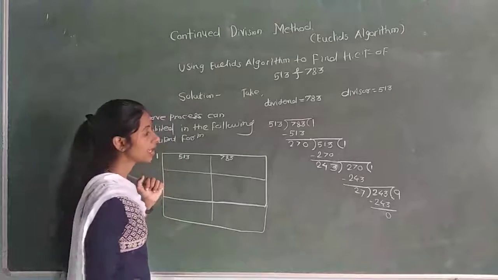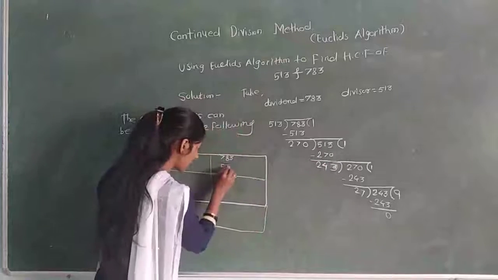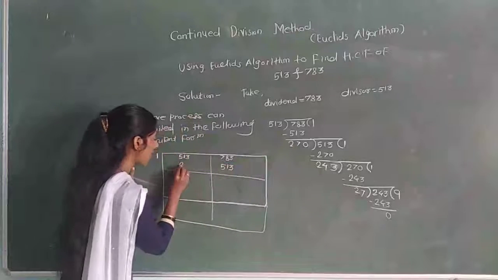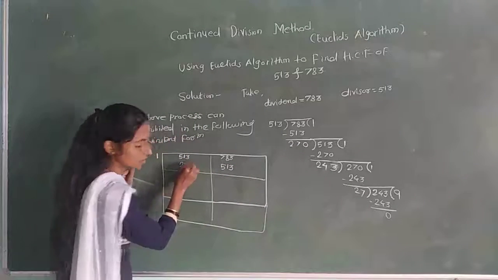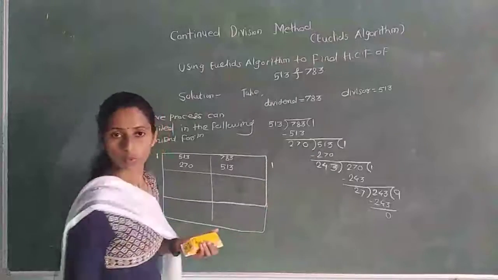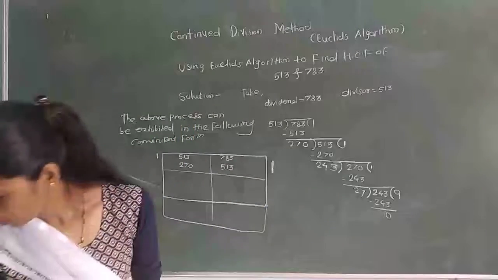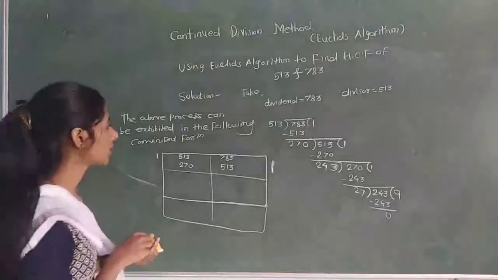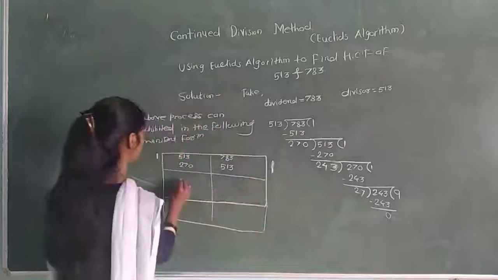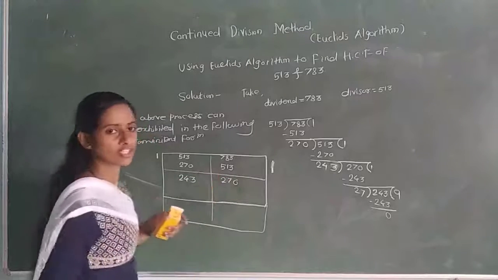Next step: 513 is the dividend, and 270 is the divisor. Then the quotient is 1, so write here quotient 1. Next, 243 is the divisor and 270 is the dividend.